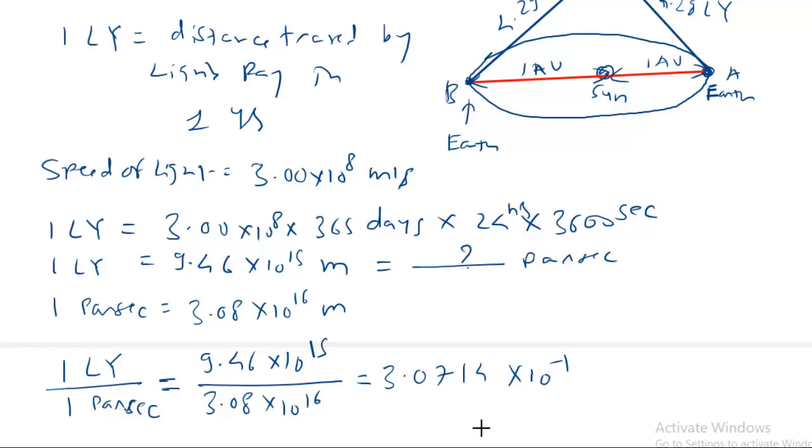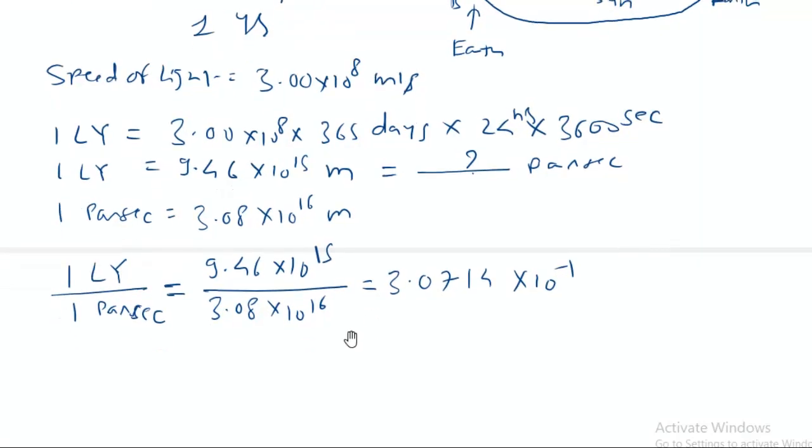So we got the conversion from 1 light year to 1 parsec, or in other words, we can write 1 light year is equal to 3.0714 into 10 raised to the power minus 1 parsec.